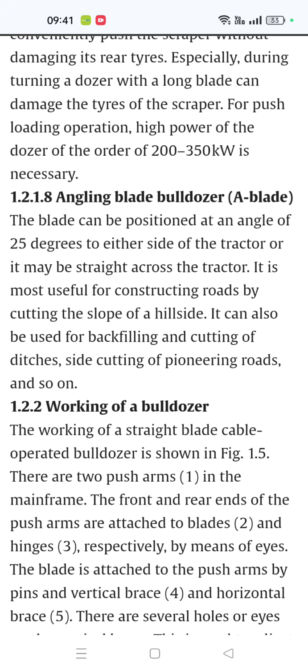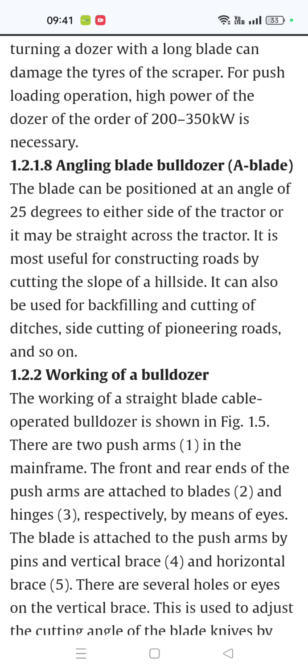1.2.1.8 Angling blade bulldozer. The blade can be positioned at an angle of 25 degrees to either side of the tractor, or it may be straight across the tractor.